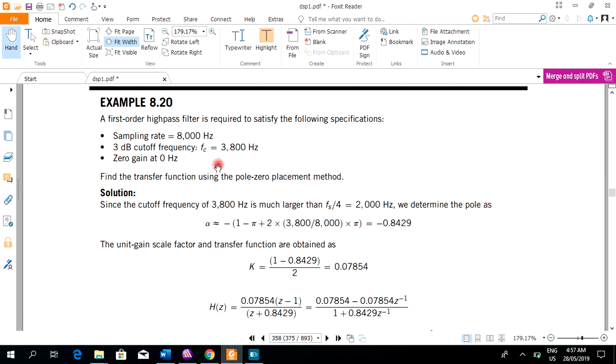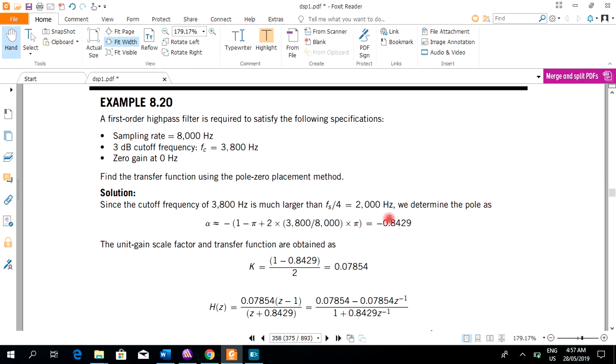If we divide Fs by 4, it comes out to be 2000, which is less than 3800. So the formula for alpha will be the second one, the case where Fc is greater than Fs by 4.